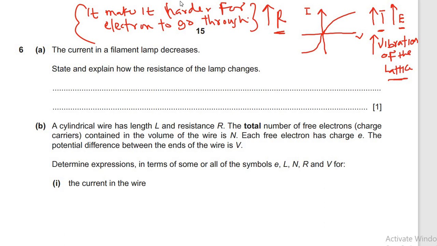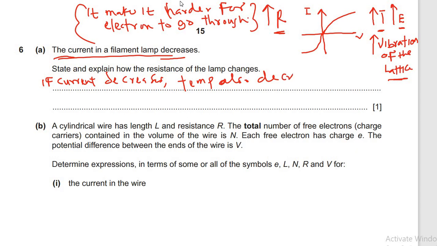Now, the question asks us to find the current in the filament lamp decreases. For when current in the filament lamp increases, it says you should state and explain how the resistance of the lamp changes. So it will be the opposite of this. If current decreases, temperature also decreases.